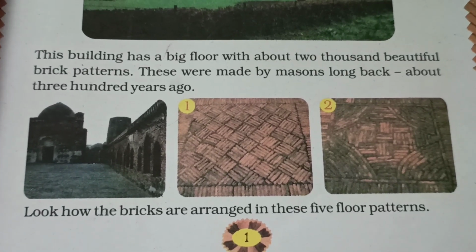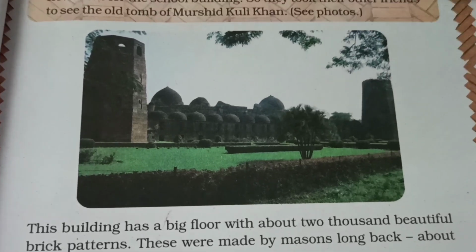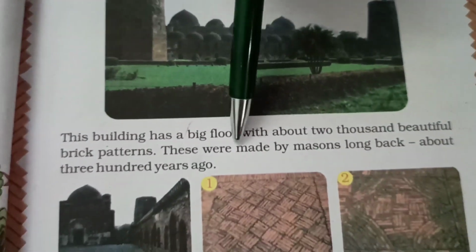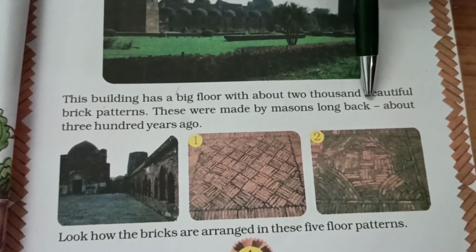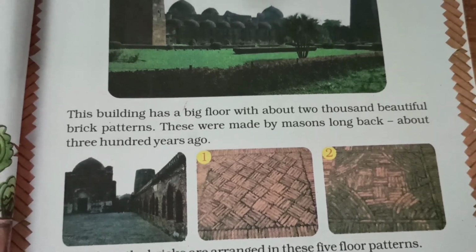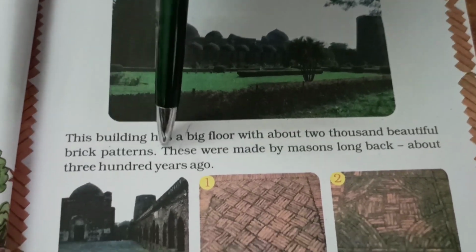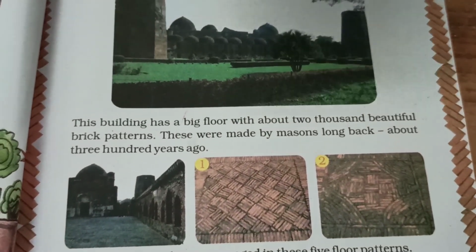So in this tomb there were 2000 varieties of floor and wall patterns made with bricks. These were made by masons long back. So this tomb was not new. It was a very old tomb, about 300 years old. About 300 years ago this tomb was made.